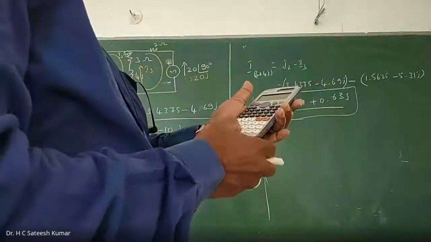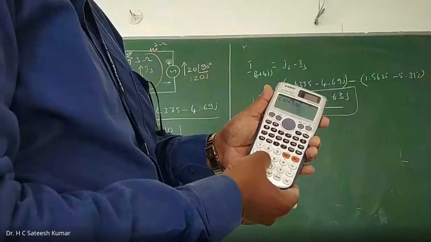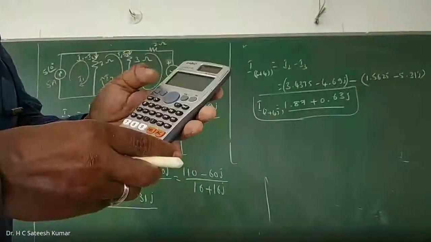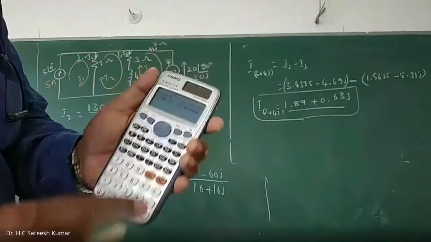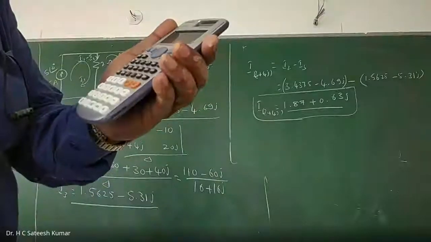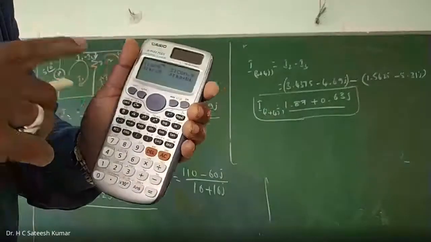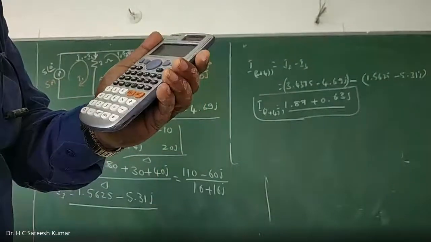So what you should do? There is a button known as complex mode. You see these 2 buttons, above these we can see the print as complex. Shift, press 2, you will get complex. You will see 4 options: argument, conjugate, or at an angle of theta. At an angle of theta means it is the polar form. So press 3 and equals.